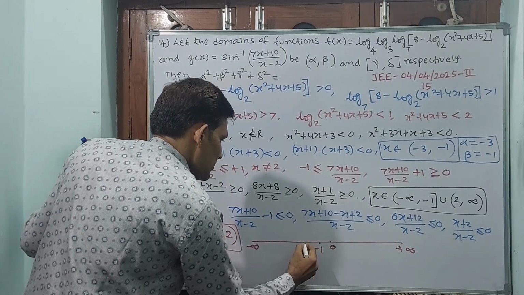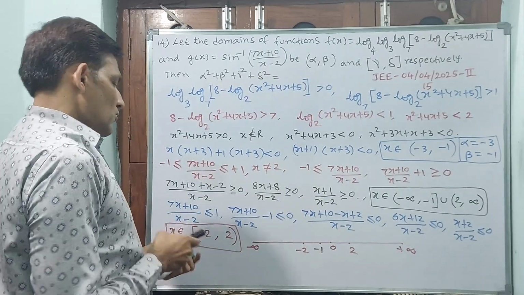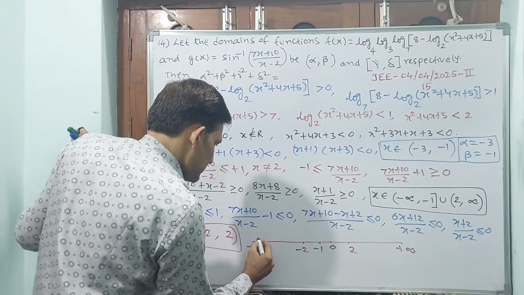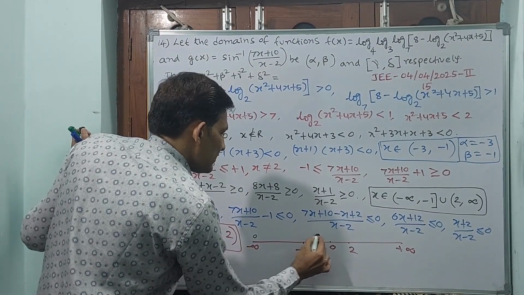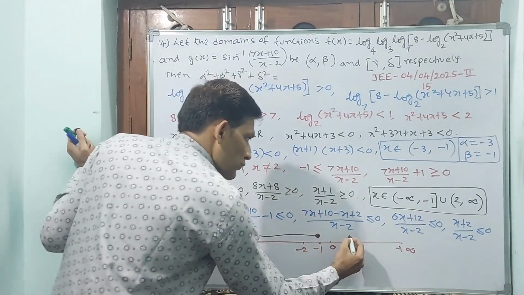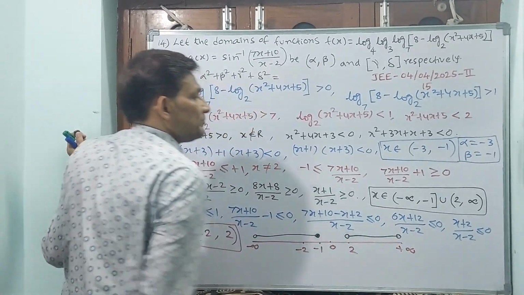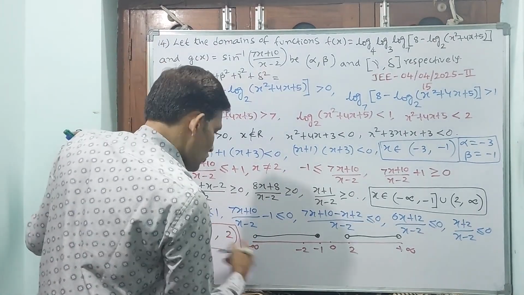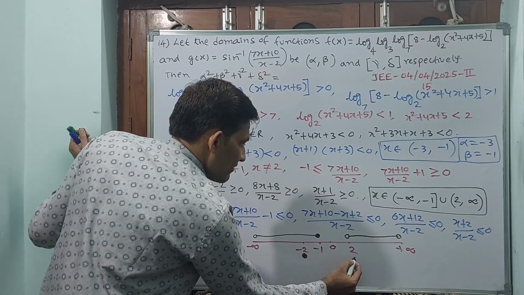Minus infinity to minus 1, but minus 1 is a closed interval, infinity always open. 2 to infinity, 2 is open, 2 you should not give, infinity also always open. And this is minus 2 to 2, but minus 2 is closed, you can give minus 2, no problem, and 2 is open.